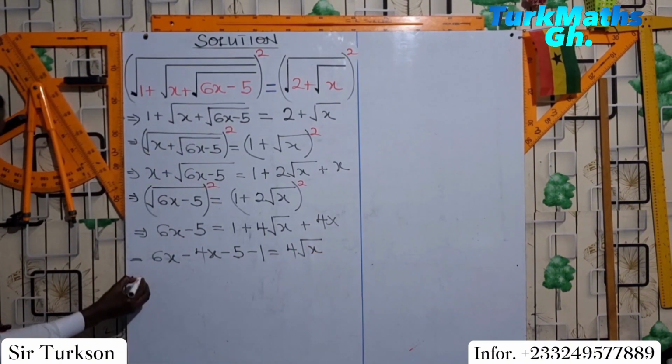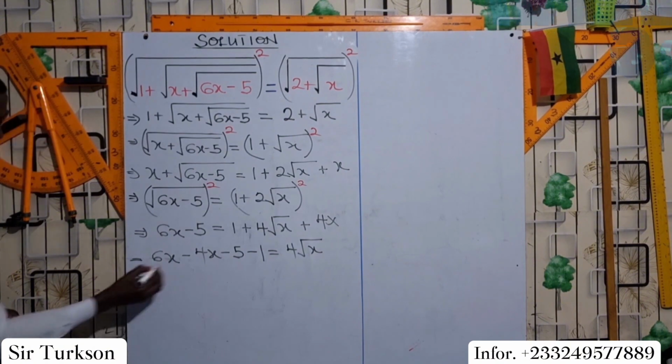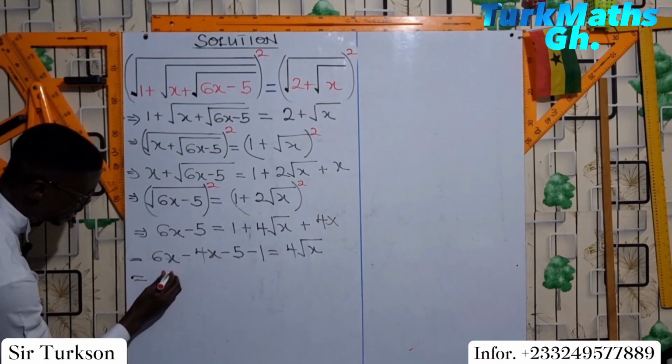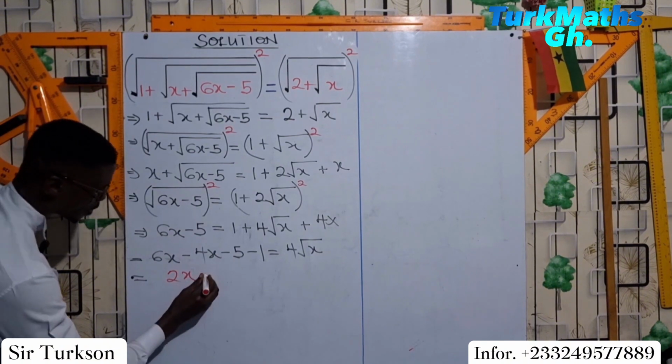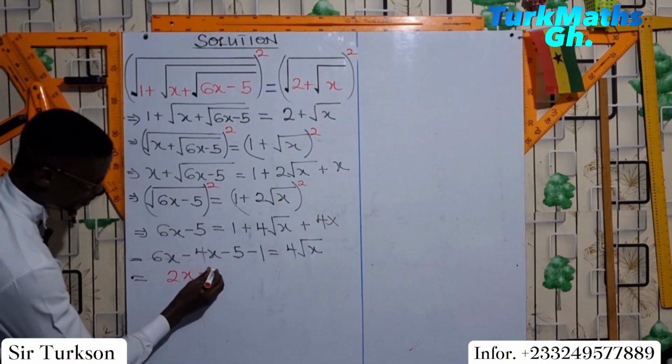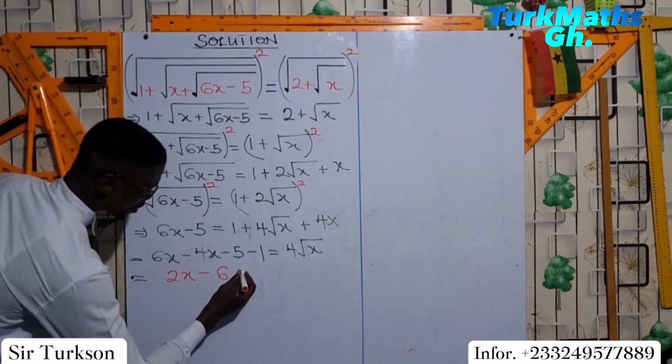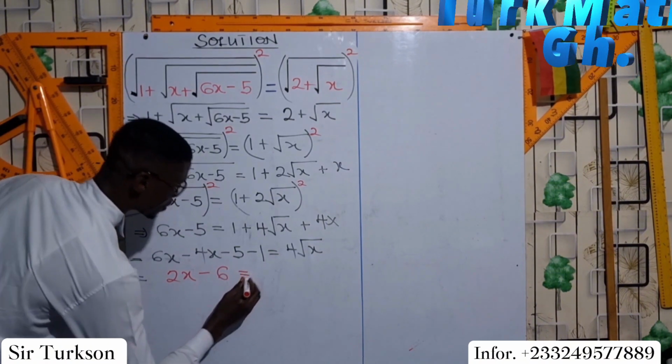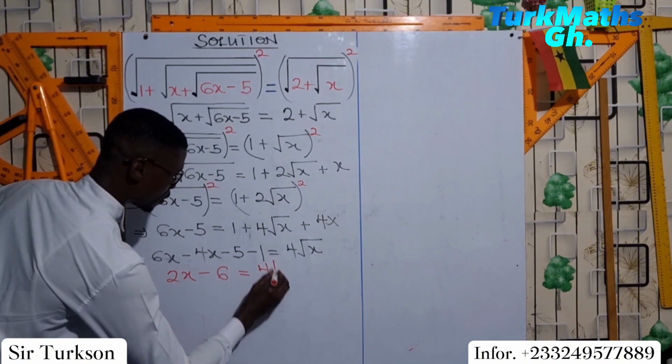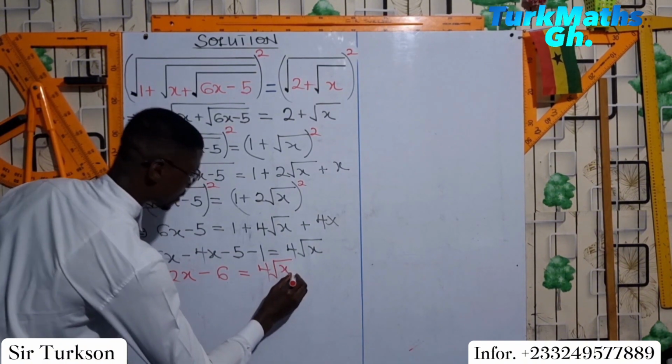Very good. So what will happen here? Nicely, we are going to have here 2x minus 6 equals to 4 root x.